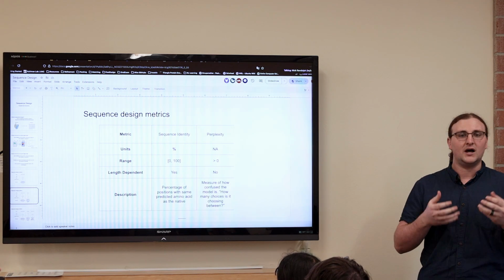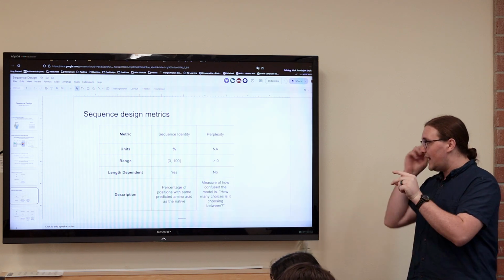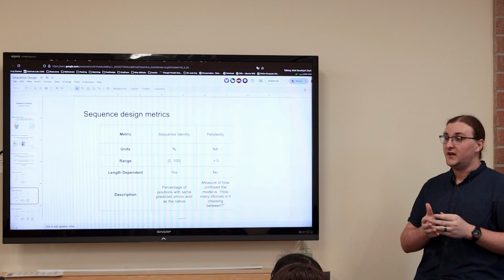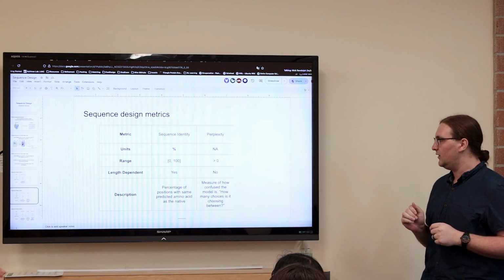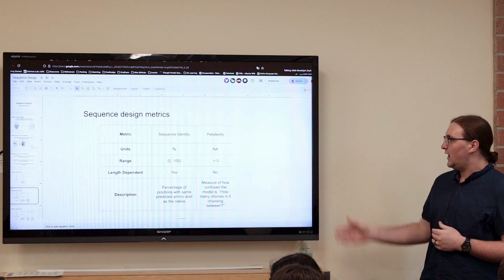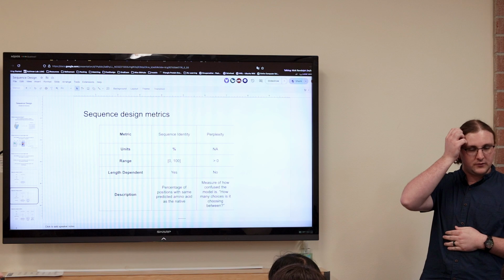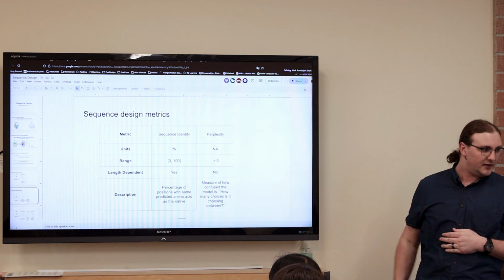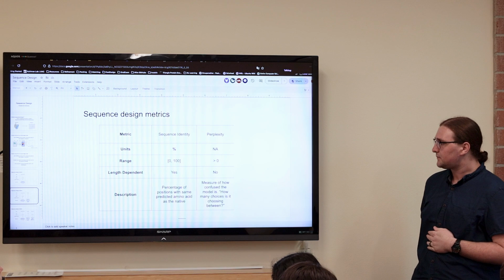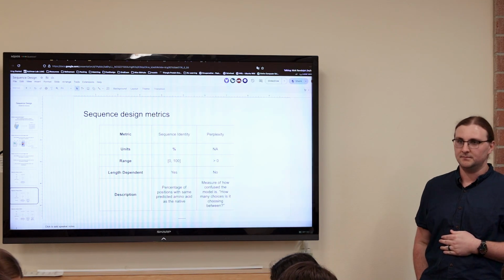So it's a measure of how confident the model is in that backbone structure and how it corresponds to sequence space. If there's a perplexity of 1, it's really confident that only one amino acid should fit that structure really well. So it's like a mathematical formula for that? There is. You take the negative log likelihood and you exponentiate it. So it's a positive value. It's not length dependent, and there are no real units there.